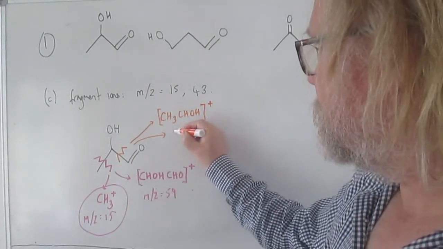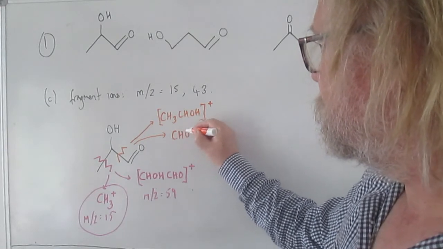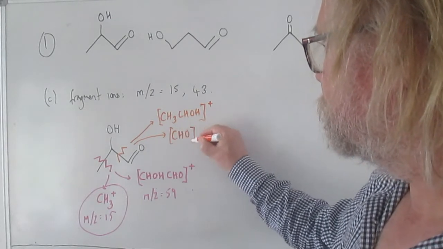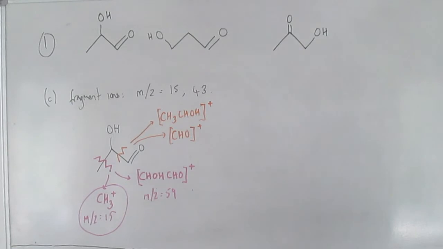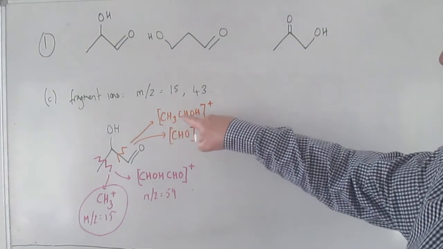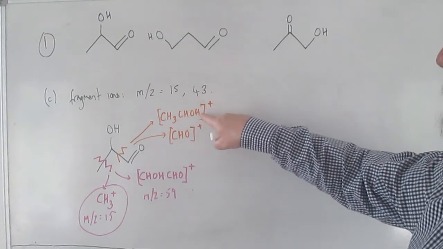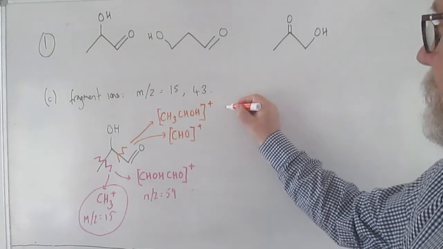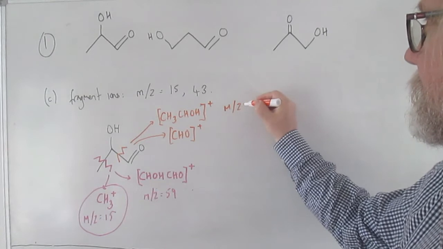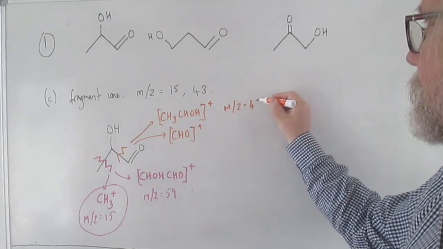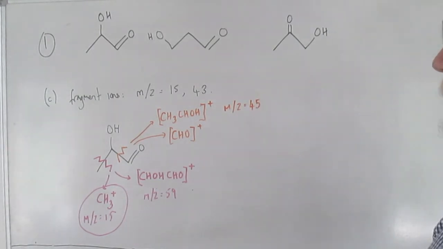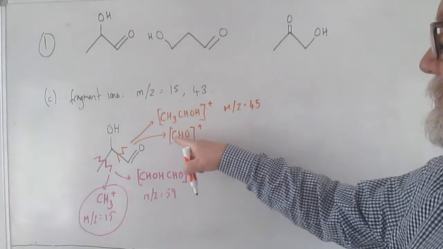Or if it breaks there, it's just CHO plus. And if you add the masses of those up, you get 15, 28, 29, 39, 45 for that one. And for this one, we get 16, 28, 29.